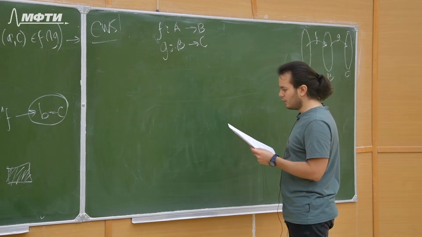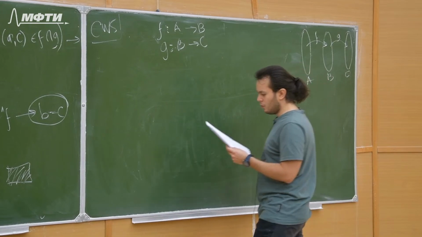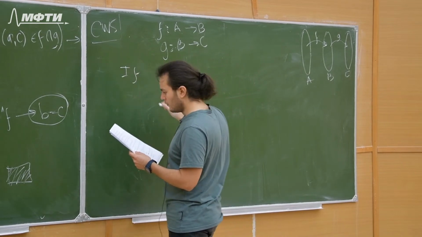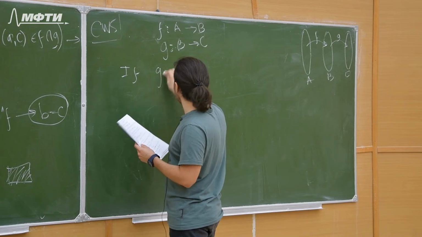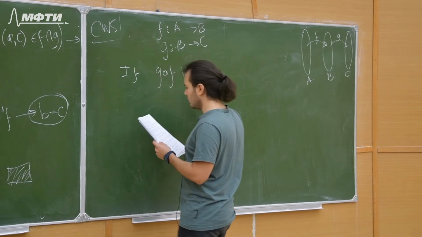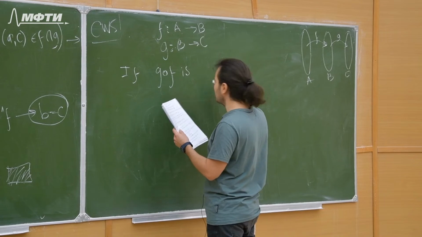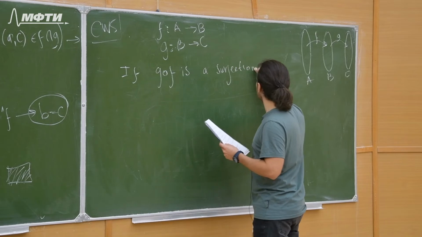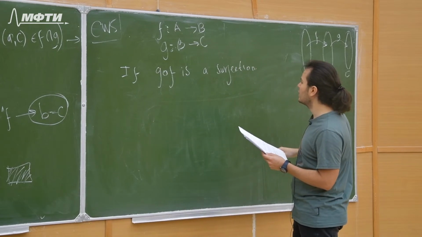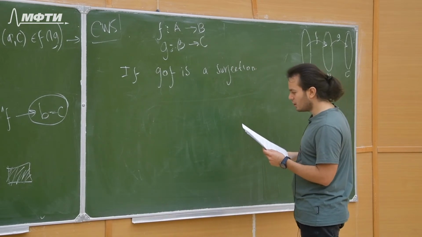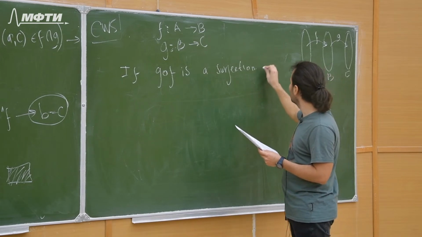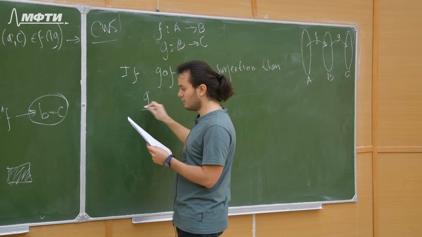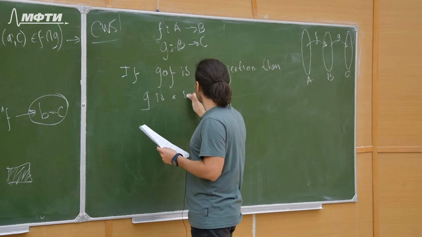So we have these two functions, and we have to prove that if G composition F is a surjection, then G is a surjection as well.